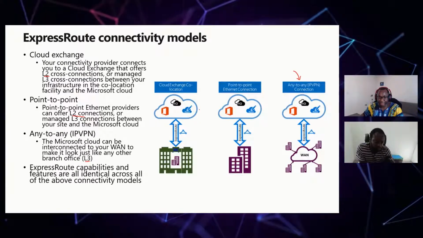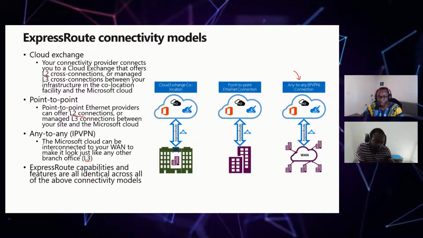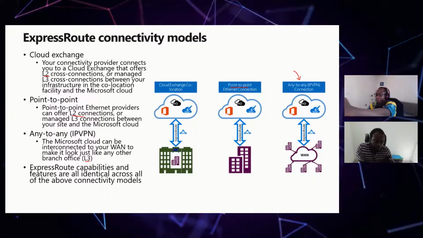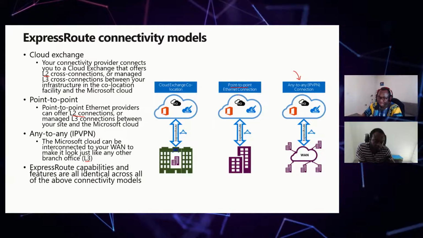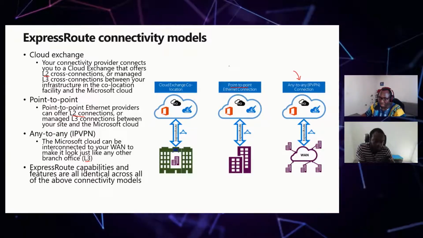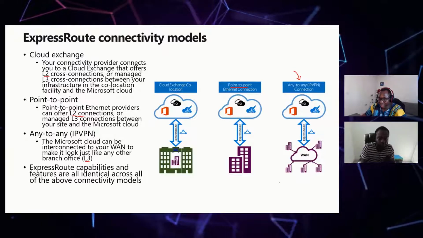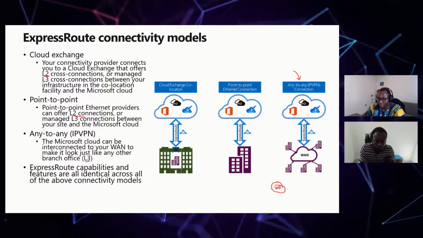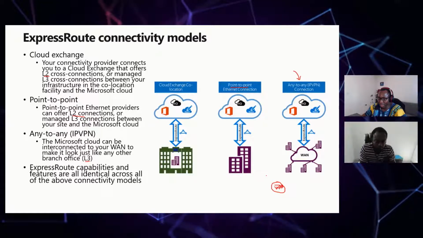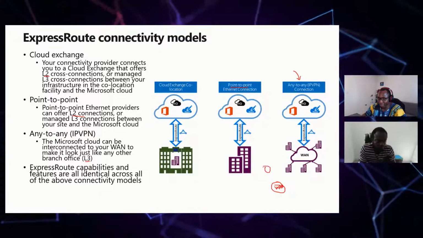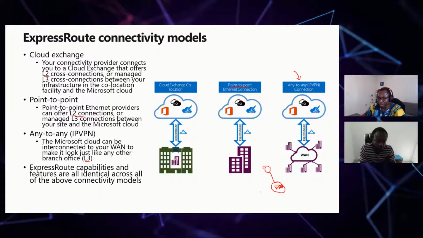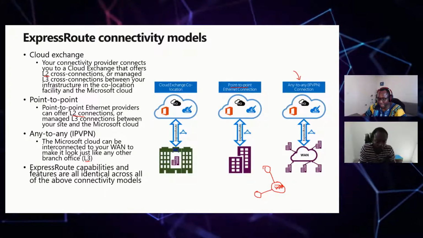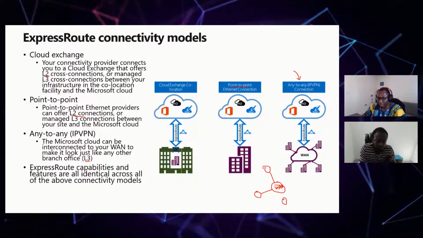You have to do a point-to-point connection, a single connection for each connectivity that you're establishing. Whereas with any-to-any, you have this wide area network, and all these different networks connect into the wide area network, which becomes the central hub for them. That's why it's called any-to-any.